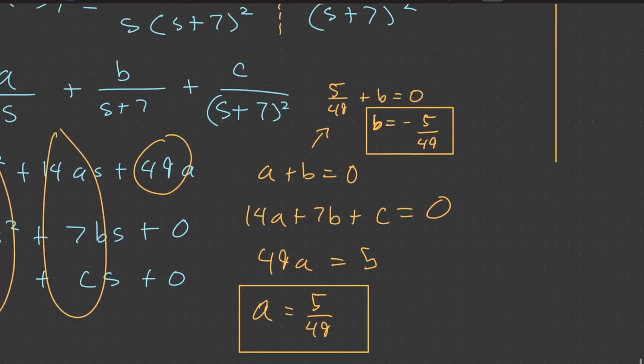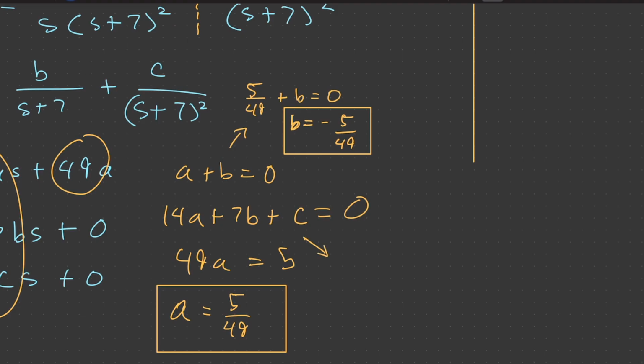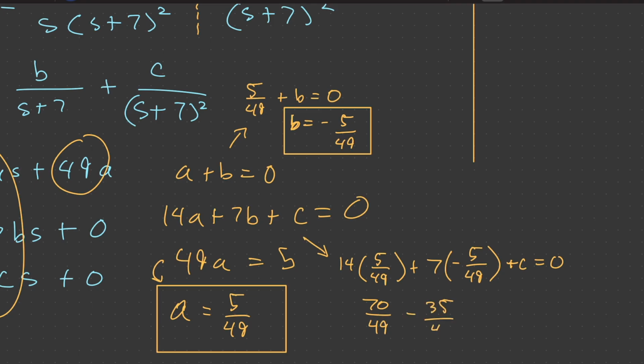And now that we have two terms solved for, we can use this middle equation to solve for c. So 14 times 5 over 49, plus 7 times negative 5 over 49, and then plus c is equal to 0. So we're going to get 70 over 49 minus 35 over 49.